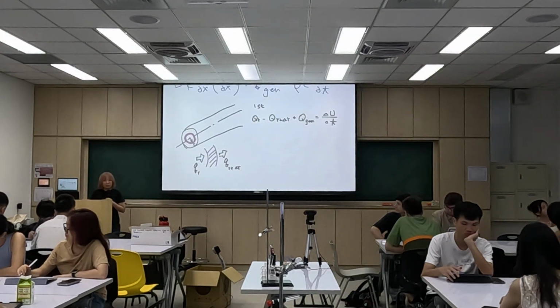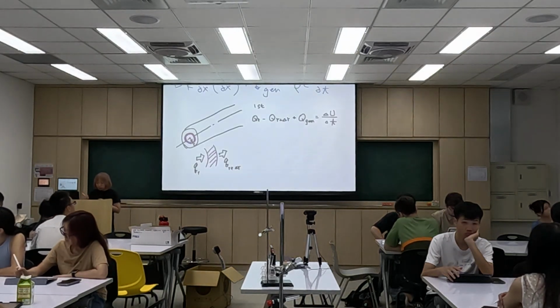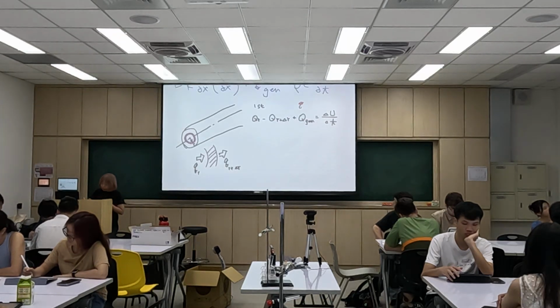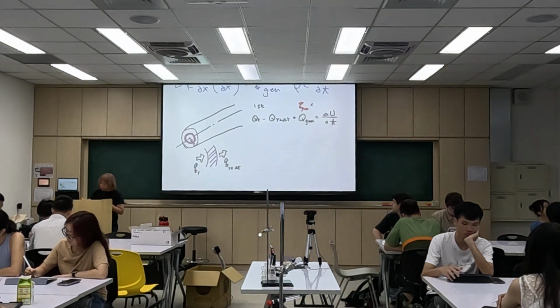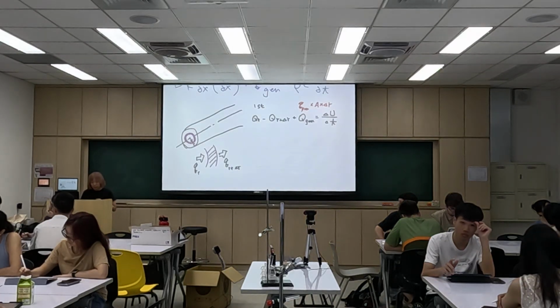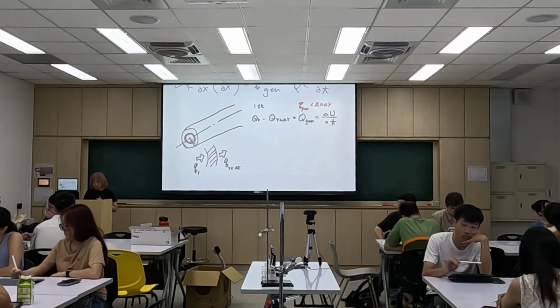And don't forget, the heat generation is a volumetric phenomenon. So the Q generation, we can write it down like this, q-dot times the area times delta r. So this is the area.